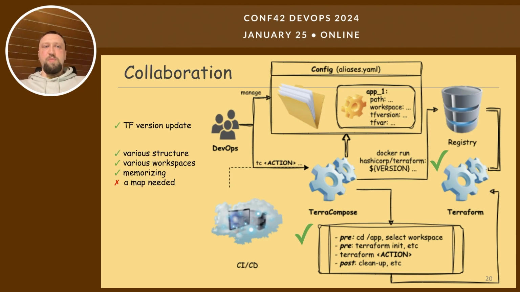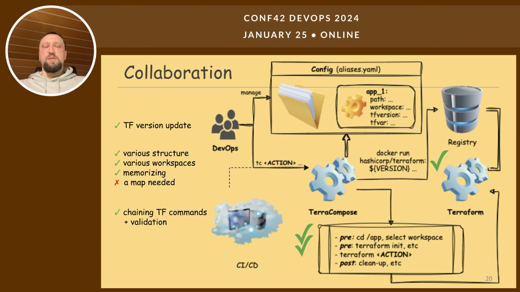Also, we solve the problem with different structures and workspaces and memorizing them, because we can customize our alias with different paths and different workspaces, and we don't need to memorize them. The only thing we need to do is create this config file.